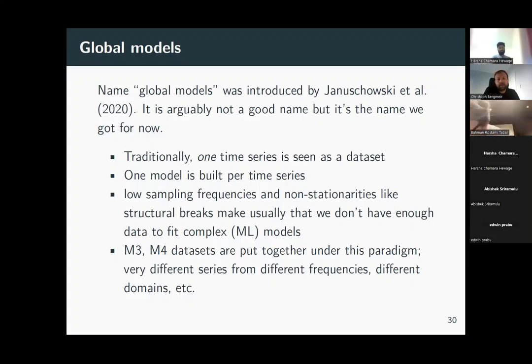As I said, the M3 and M4 data sets are put together under this paradigm. Very different series, very different frequencies. And think about it: if you have a yearly series, how many years of data can you realistically get? 5 years? 20 years? 20 years on a yearly series means 20 data points.